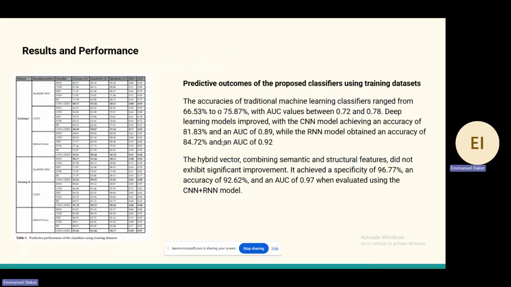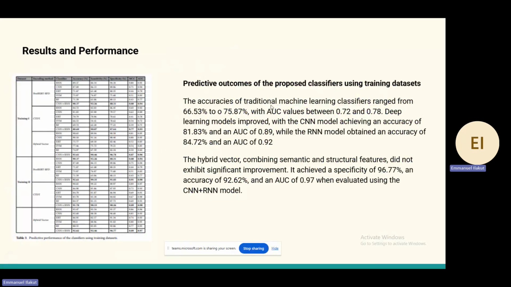Now, when training these models, they trained against training datasets, and the results were actually quite amazing here. They trained using traditional machine learning classifiers, and then they trained using individual separate CNN and RNN models, and then they trained using hybrids. The results of the performances of the different models are here, but just a summary.